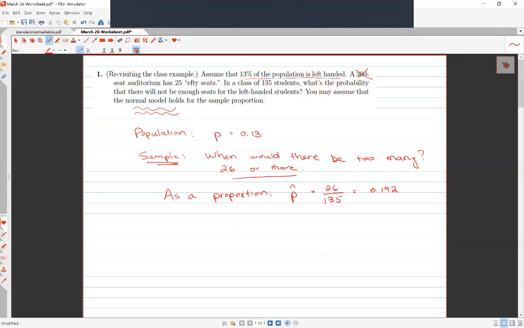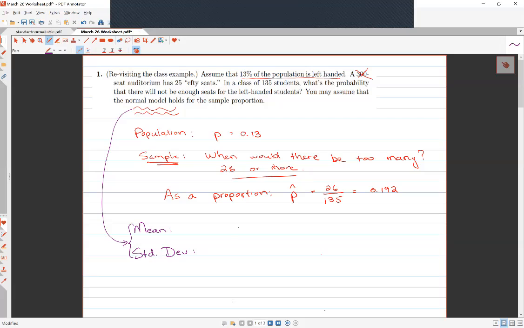Now we want to calculate the probability, or how likely it is, that I do not have enough seats. And this requires knowing the mean and the standard deviation of the normal model. So for this normal model, we need to determine what the mean and the standard deviation are.